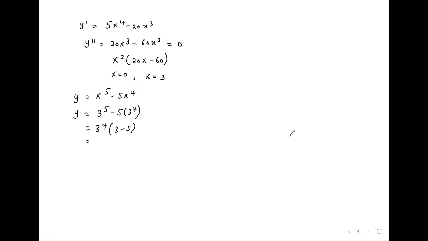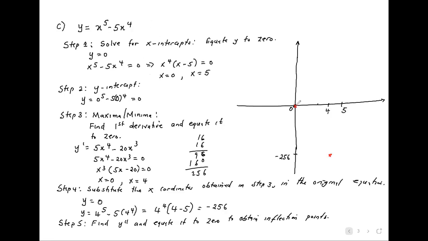But 3^4 is 9 by 9, which is 81, multiplied by negative 2. So we get negative 162. So we have (3, negative 162). This point here is an inflection point.